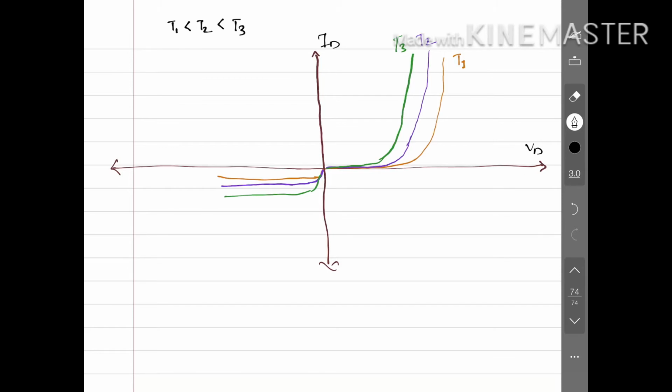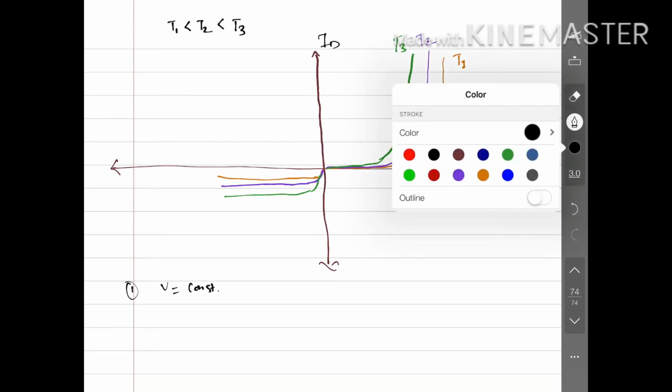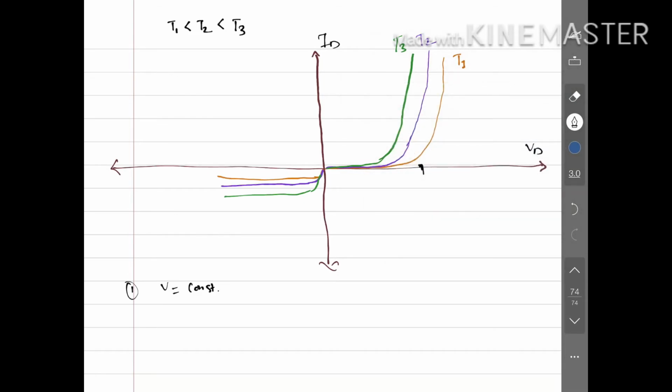So now in condition 1, let us consider first, right? So the first consideration is voltage is constant. So if voltage is constant, so let me say voltage is somewhat here, this point, right? I'm considering this voltage is constant, and constant voltage is at this point. So now let me see the value of current, right? So what I'm going to do is I'm going to just see the current value.